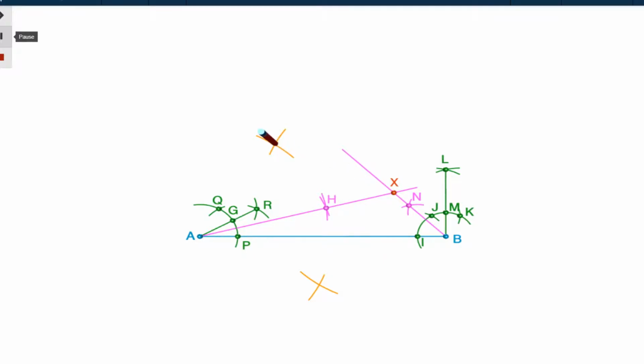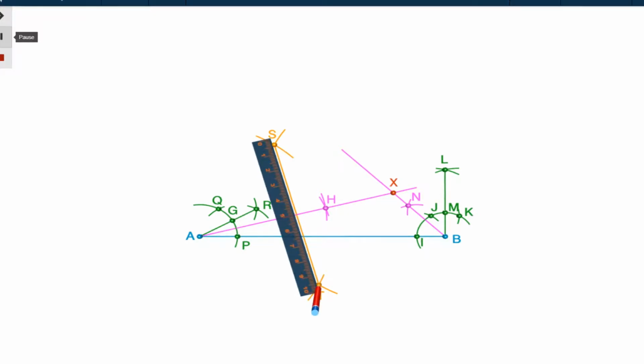In this case we have marked them as S and T. So ST is the perpendicular bisector of AX. AX is the angle bisector of angle A, and X is the vertex.